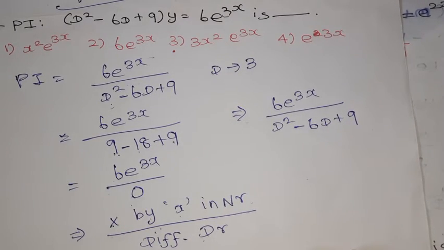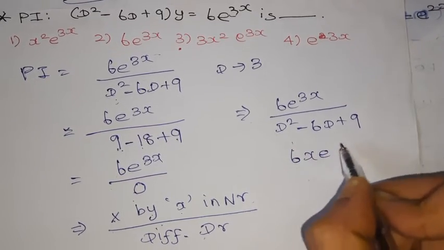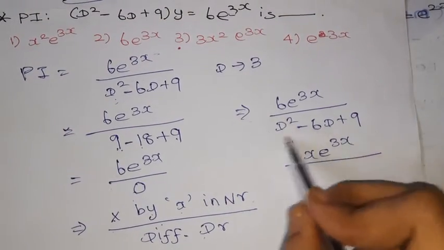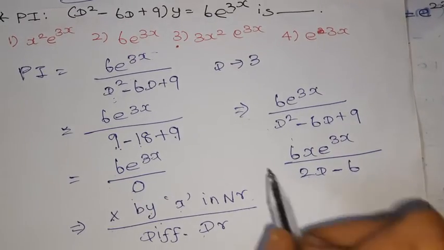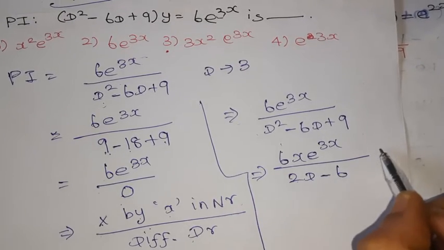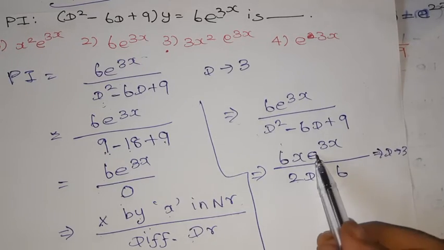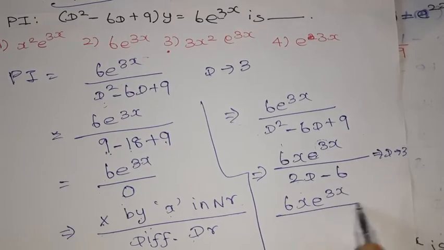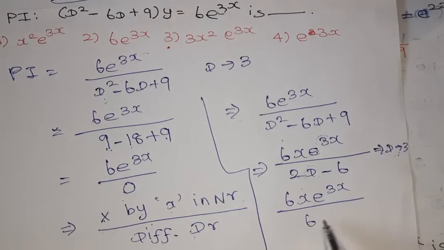So multiply by x in the numerator: 6x e power 3x, and differentiate the denominator. Differentiating, we get 2D minus 6; the constant 9 gives 0. Then we need to substitute D by 3 and proceed. So 6x e power 3x over 2 into 3 minus 6.